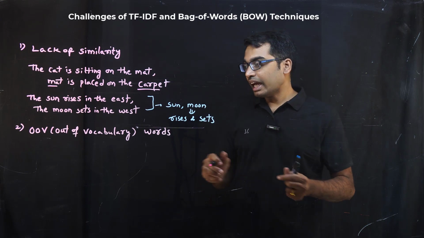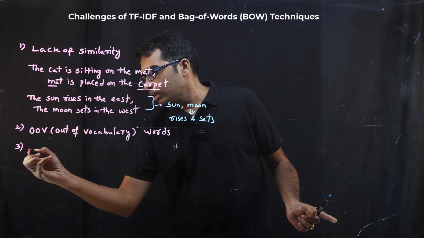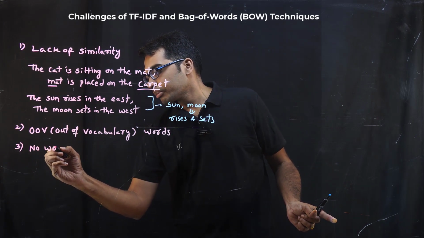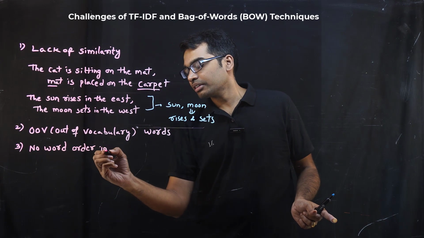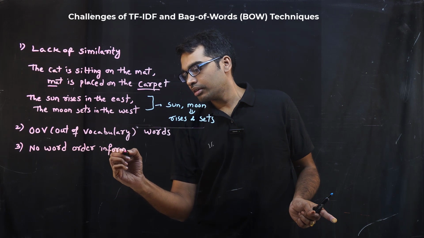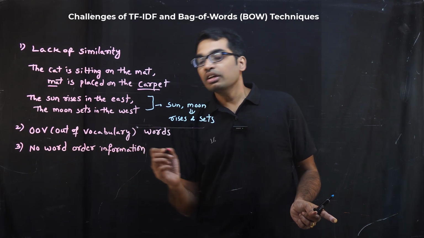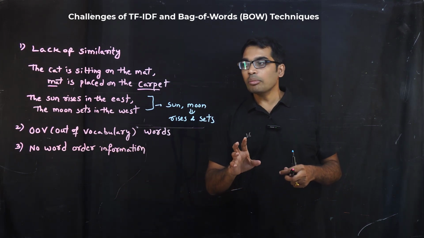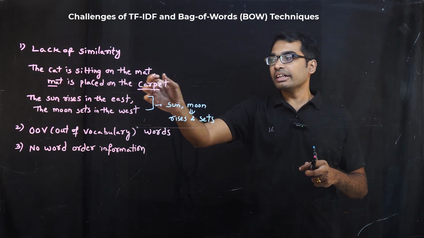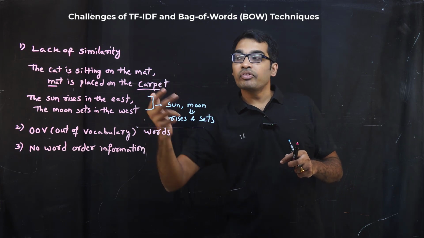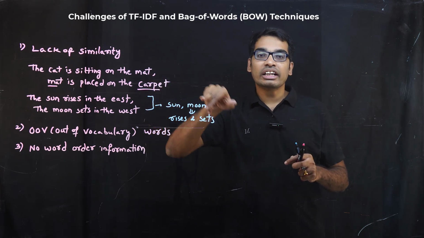So that is one of the challenges. And then the third challenge is no word order information that it will carry forward. Let's take this example: the cat is sitting on the mat. And I can also frame it like this: the mat is sitting on the cat.